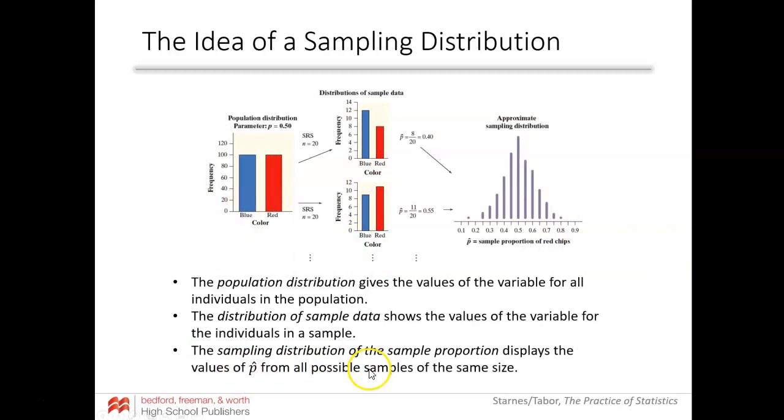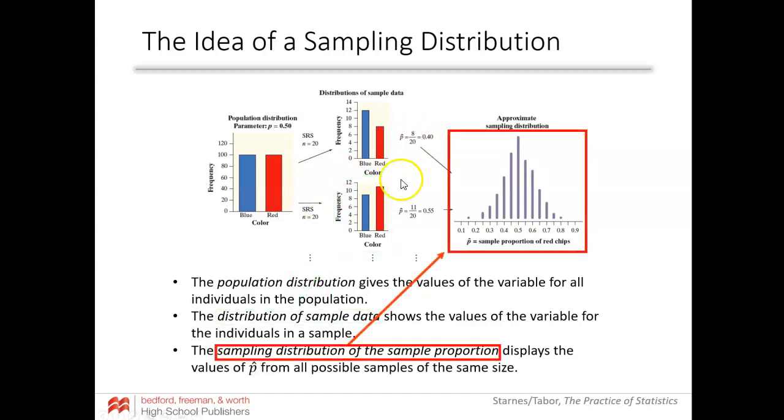All right, here's what I was looking for, this guy. So a population distribution gives the value of the variable for all individuals in the population. Again, we're hypothesizing at some point in this that she had 100 red and 100 blue. But when they reached in and grabbed samples of 20, then we're looking at distributions of sample data, which allowed us to create statistics called p-hat.